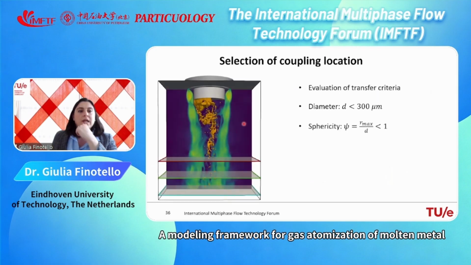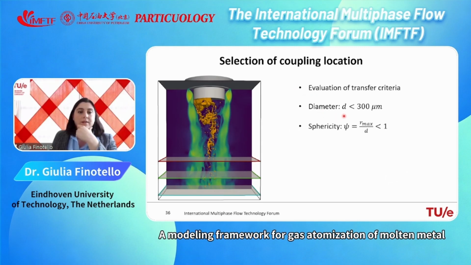So we look into the selection of the coupling location. We look at three different planes far from the nozzle at different axial positions. And we look at the typical evaluation criteria, which are also from the literature.